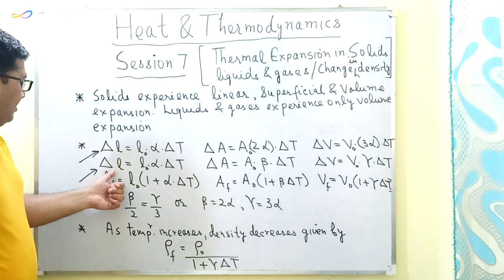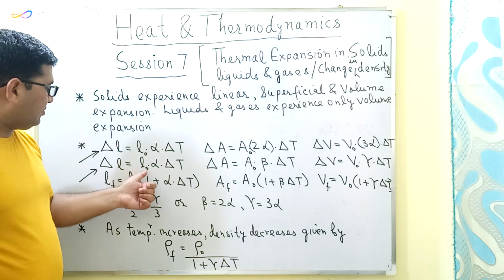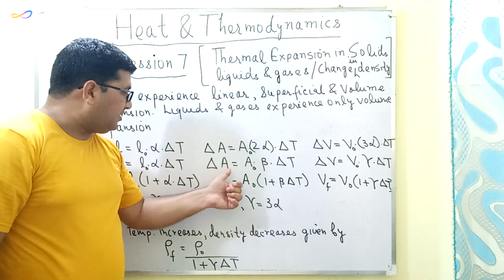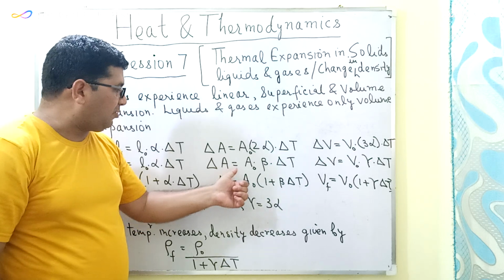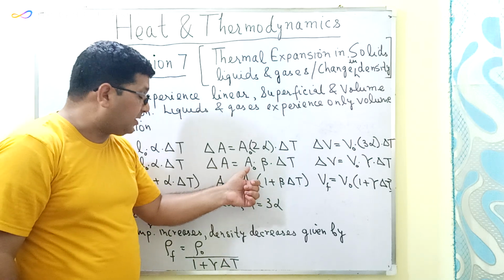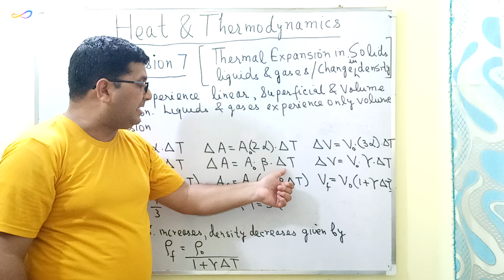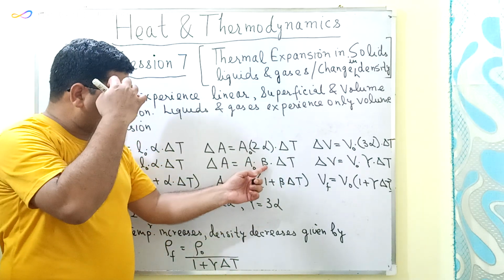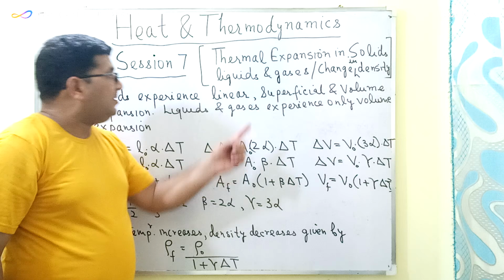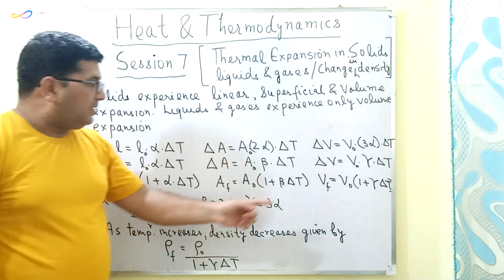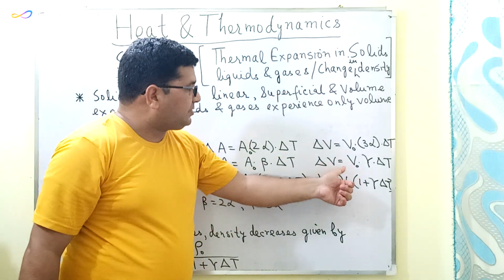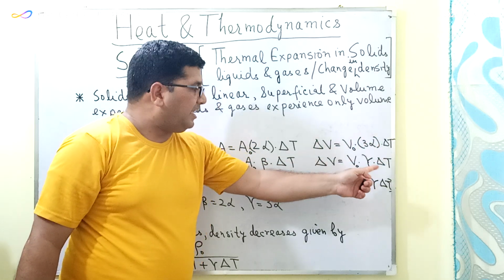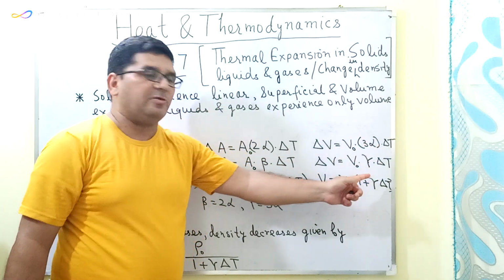So delta L is equal to L naught into alpha into delta T, whereas delta A, which is the change in the area of a solid object, is equal to A naught into beta into delta T, where beta is equal to 2 times alpha, and beta is the coefficient of superficial expansion. Similarly, delta V is equal to V naught into gamma into delta T, where gamma is equal to 3 alpha and gamma is the coefficient of volume expansion.